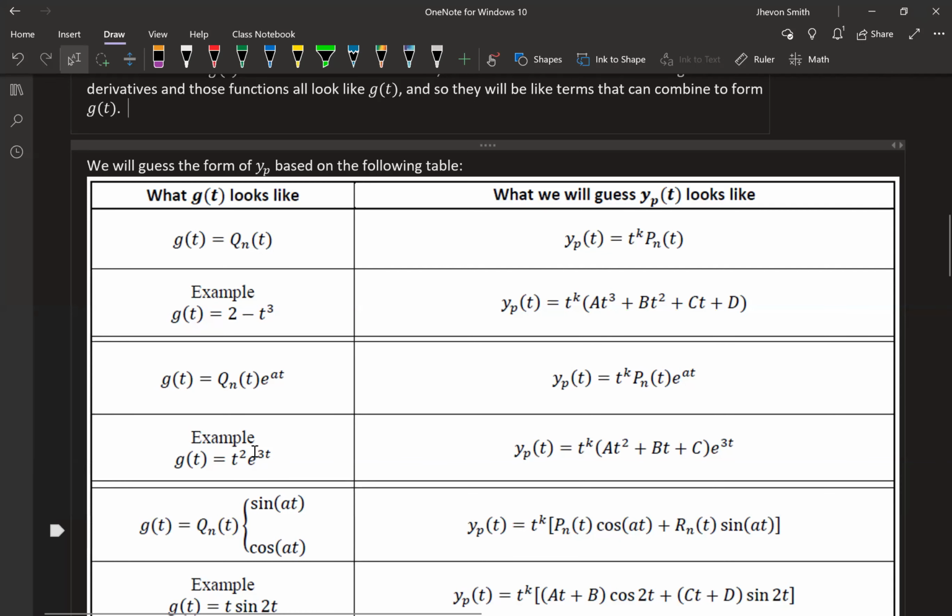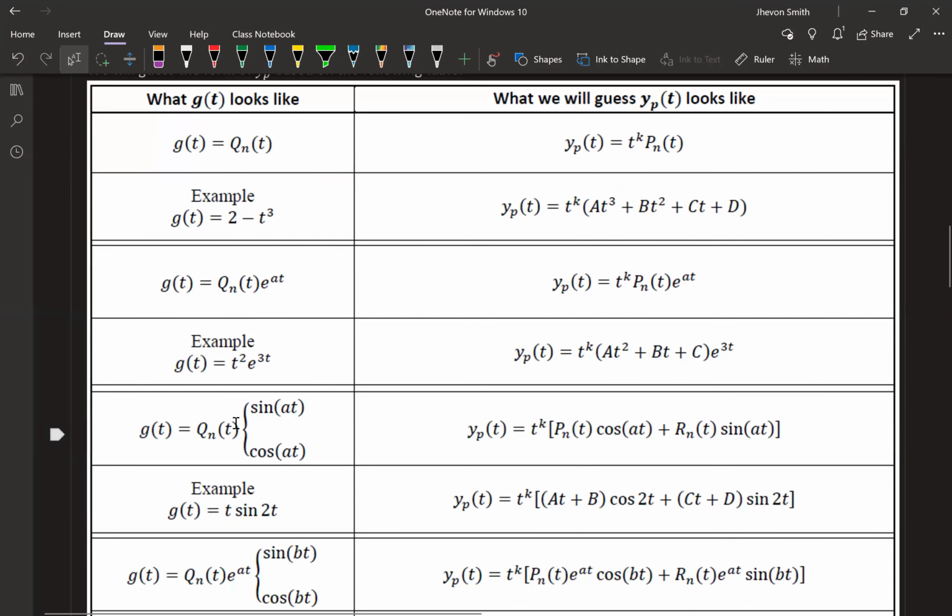Suppose the right side looks like t squared e to the 3t. That, you'll notice, is a second degree polynomial times the exponential. I'm going to put a general second degree polynomial times the exponential, at squared plus bt plus c times the exponential. Now, if my homogeneous solution has any of those terms, I'm going to keep multiplying by a t until it no longer has any of those terms.